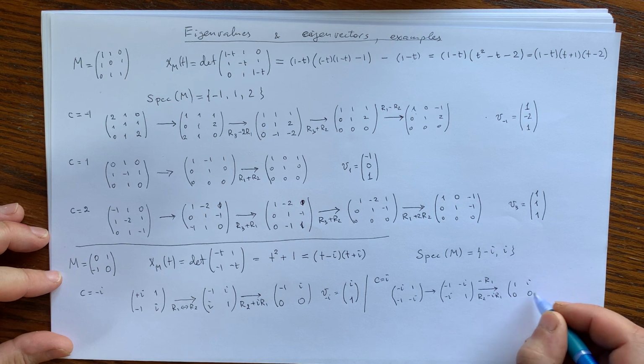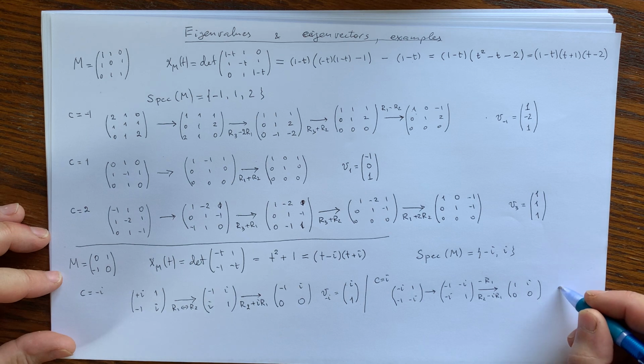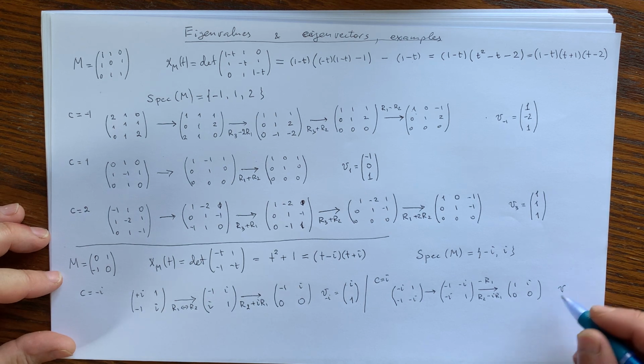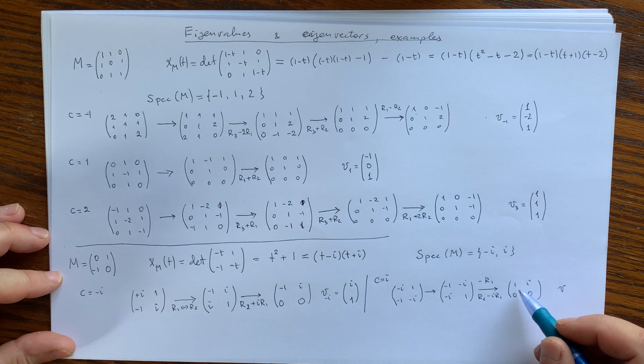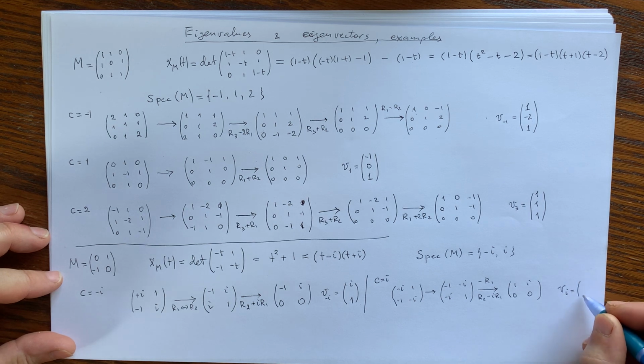We will have 2 zeros. Please check it. And that will give us a vector which will have coordinates related in the following way. The second coordinate multiplied by i will have to be minus the first. So the second coordinate made 1 will make the first coordinate -i.